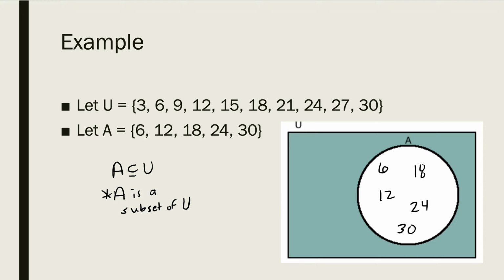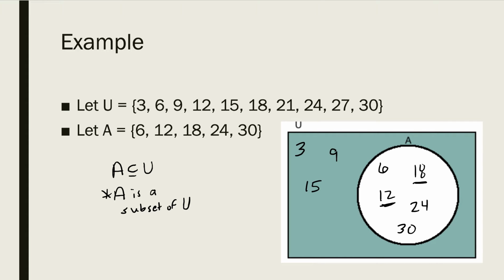Now I'm going to write the elements for set U, keeping in mind that set U is the entire box. All right, so set U has 3. It also has 6, but I've already written 6. It's right here. It's still inside the box, so I don't need to duplicate that. All right, I have 9. Here's 12 right here. 15.